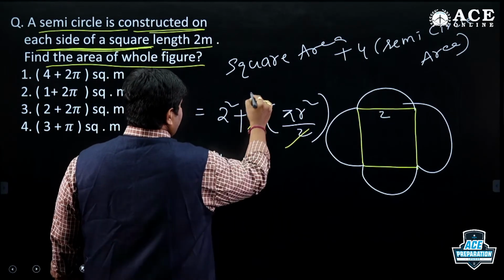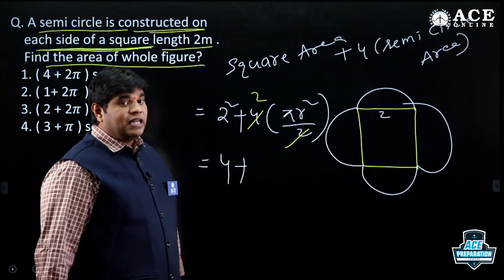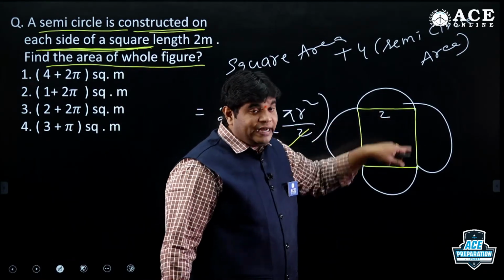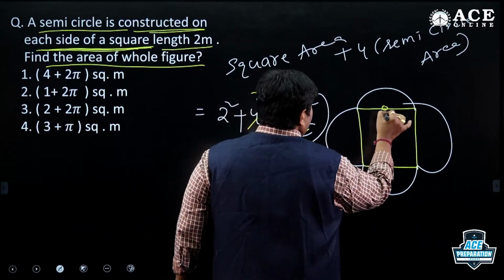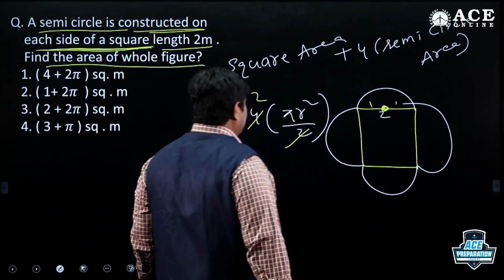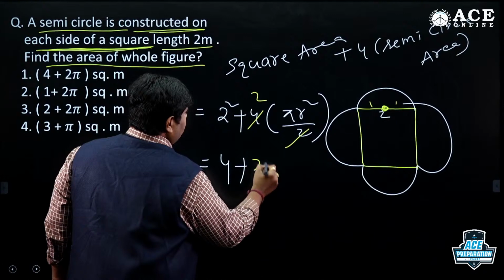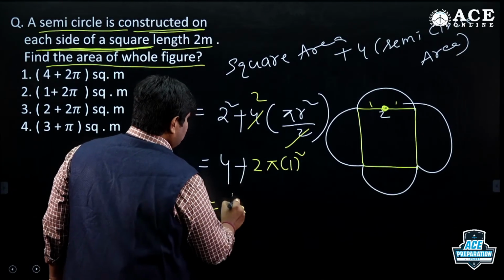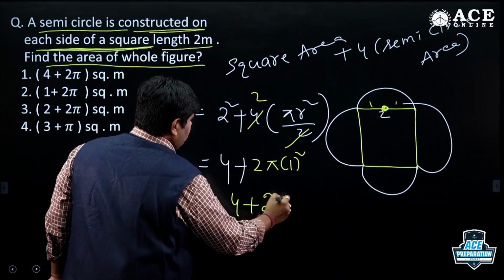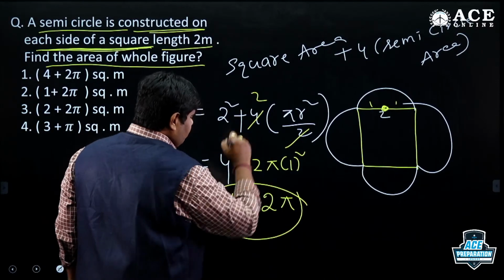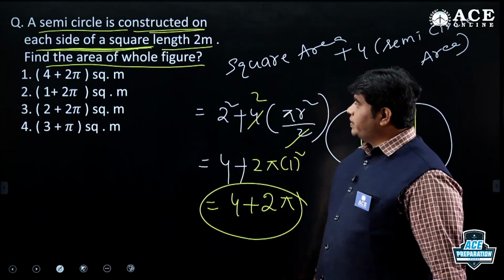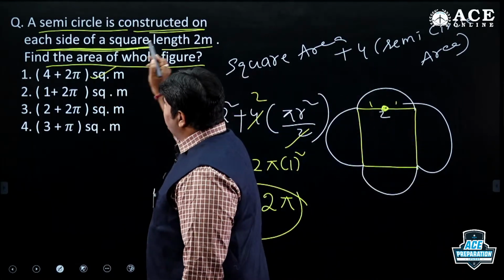What is the radius? The complete length is called the diameter. The diameter is 2, so the radius is 1 only. So 2 pi into 1 square. So the simple answer is 4 plus 2 pi. So option 1.